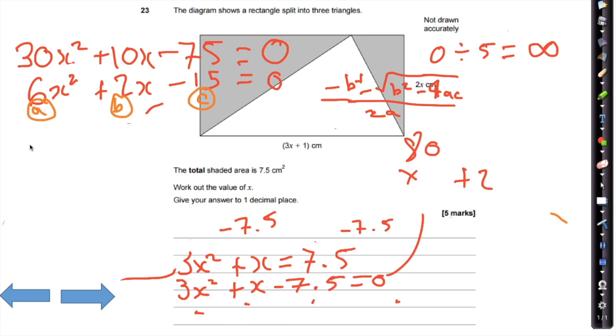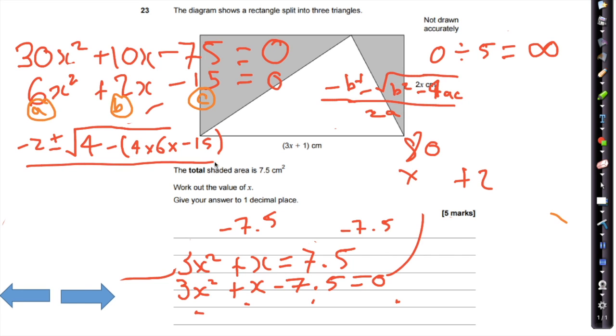So it's going to be minus 2 plus or minus the square root of 2 squared, which is 4, minus 4 times 6 times minus 15, all divided by 2a, and if a is 6, then 2a is going to be 12.